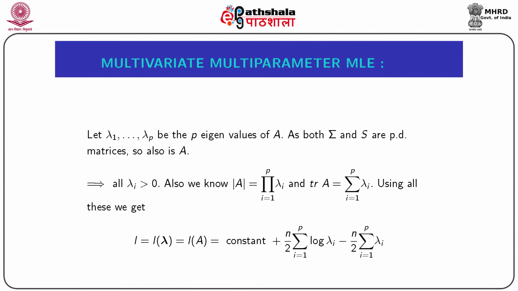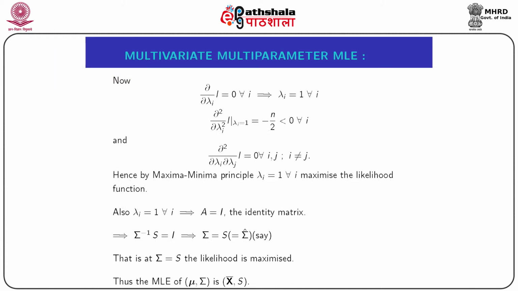Using all these, we get small l, which is equal to the log of the likelihood function of the matrix A, can be described as the log of the likelihood function of lambda 1, lambda 2, ..., lambda p, and this is equal to constant plus n by 2 into summation i from 1 to p log of lambda i minus n by 2 summation i from 1 to p lambda i.